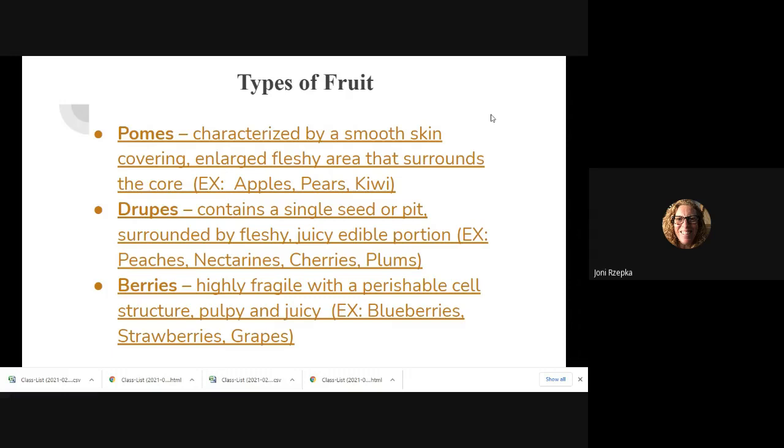Then we have drupes, which have a single seed or pit surrounded by fleshy, juicy, edible portions. Peaches, nectarines, cherries, and plums have pits. So drupes are pitted or have one single seed.